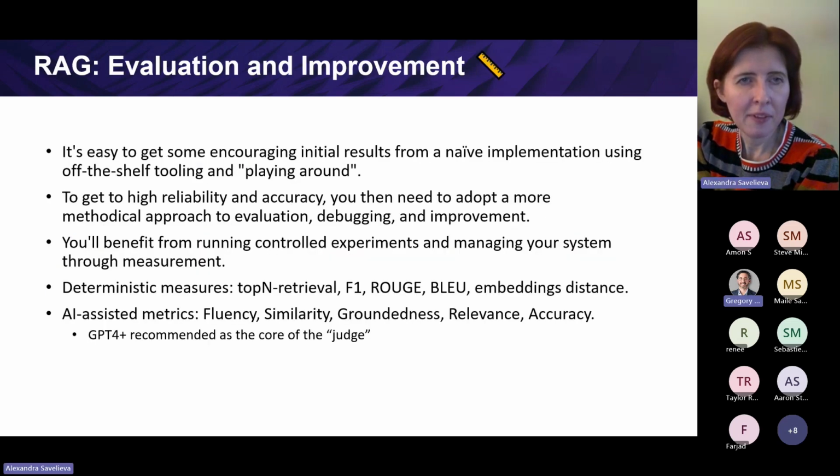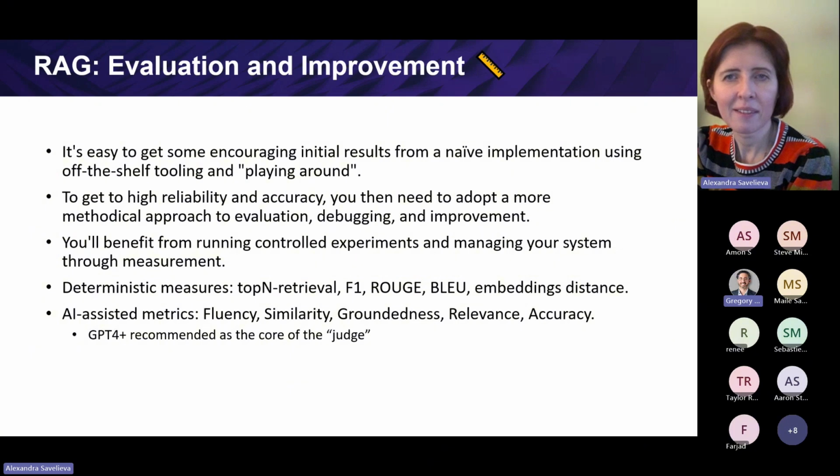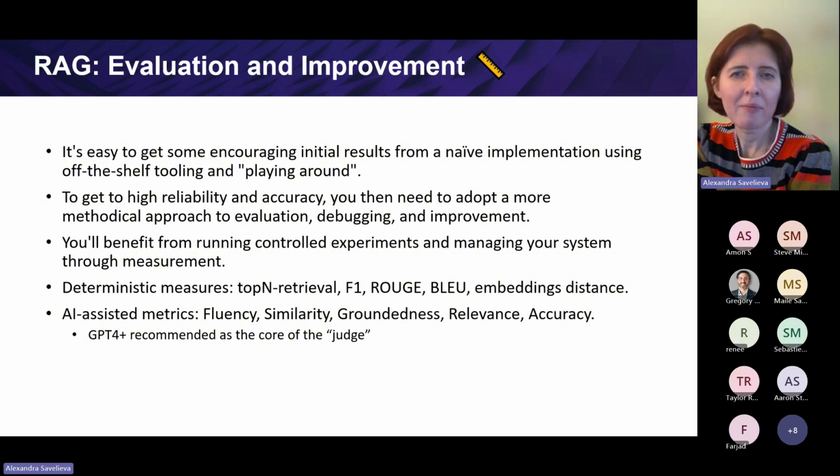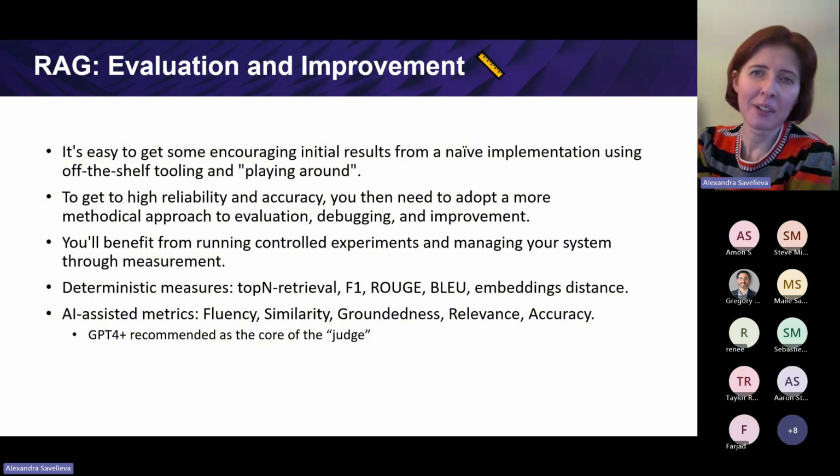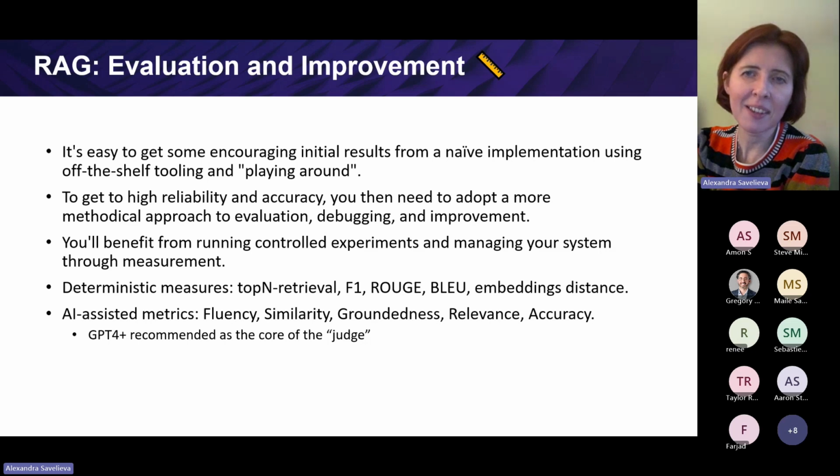Speaking of, quick question on that. Are you using F1 scores as your retrieval score or something different? Great question. I use top-N retrieval. If you have some background in search engines, that's a familiar metric. I think it works here very well. It aligns with the design of RAGs.